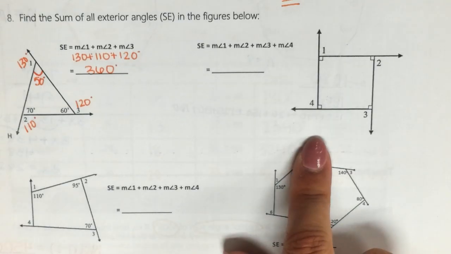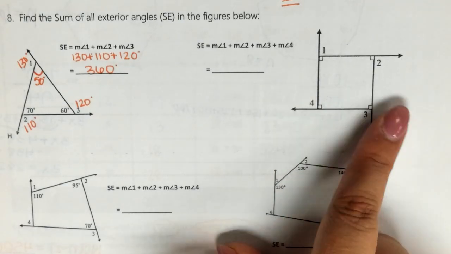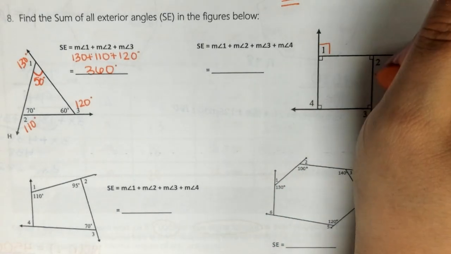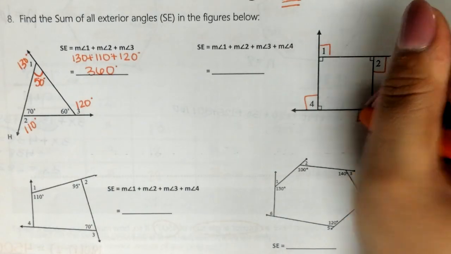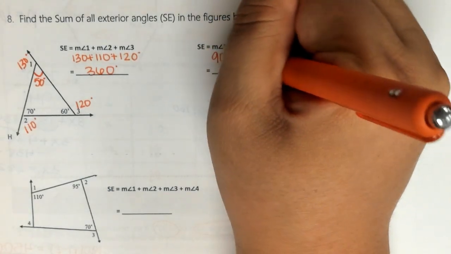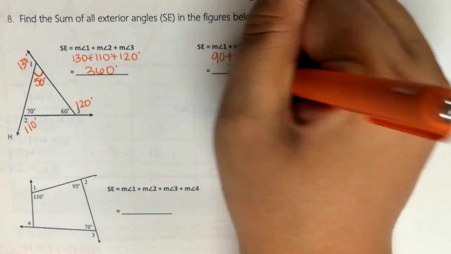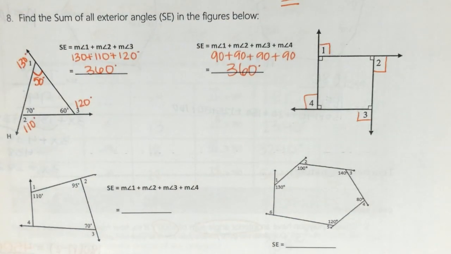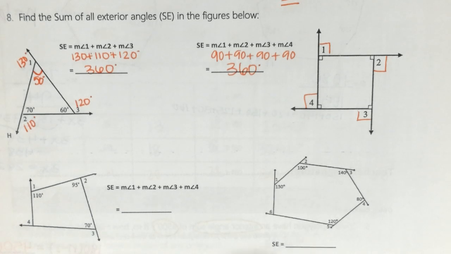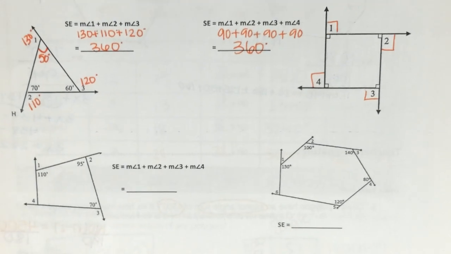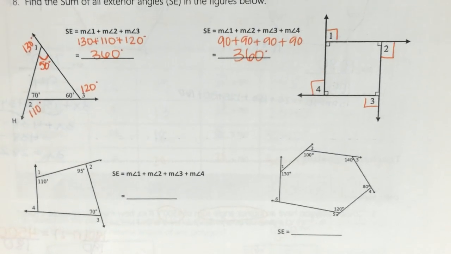It's a square. What are all my outside angles going to be for a square? What is 90 plus 90 plus 90 plus 90? Is it always going to be 360? I think so. Why? Because it's a quadrilateral.